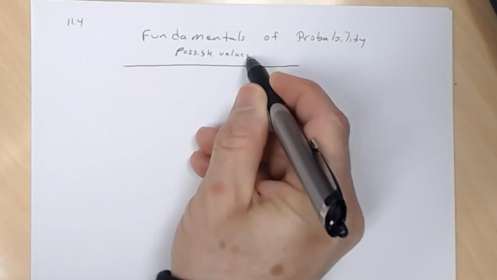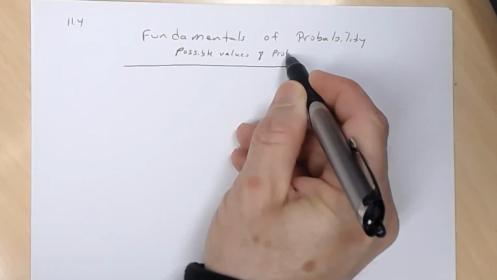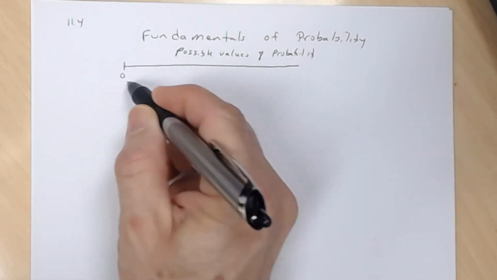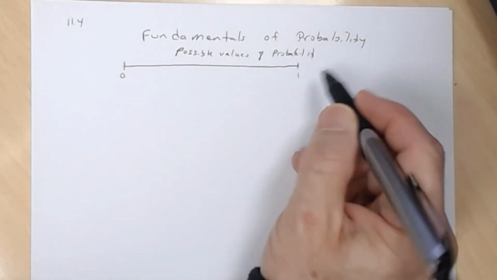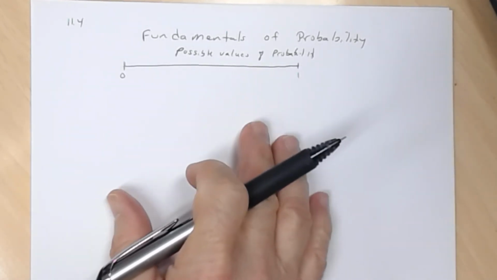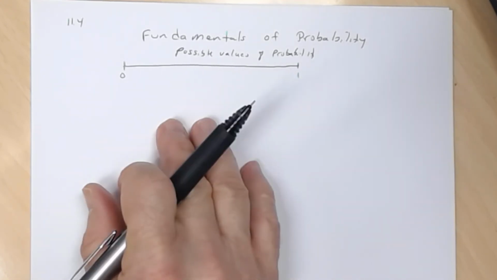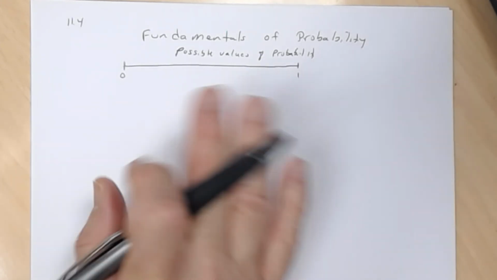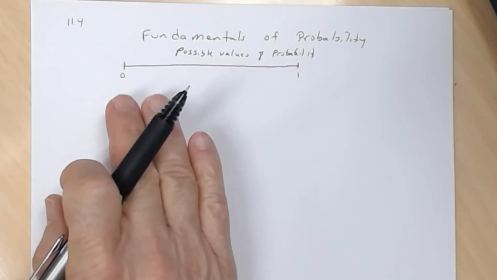Let's say this is 0, because remember it goes from 0 to 1, and you're going to see that's going to be true. Everything we do in terms of probability will be a value between 0 and 1. We're going to have decimals, we're going to have fractions, and so forth, but it will be between 0 and 1.